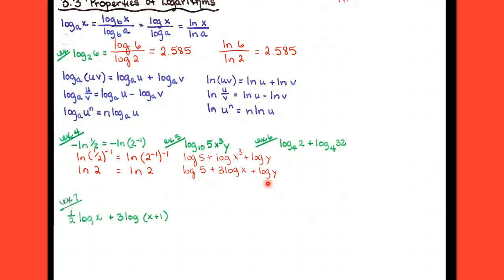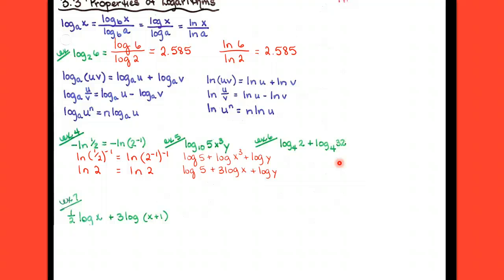And we actually seem to do that a lot more often, where we take logs that might be harder to evaluate, and we combine and simplify them into something that might be easier to evaluate. I definitely could evaluate these 2 logs that are here. It wouldn't be obvious, and I'd have to work 2 separate problems and then combine those answers. So why not try to combine first and just work 1 problem, all right?